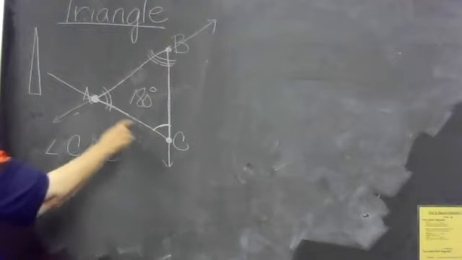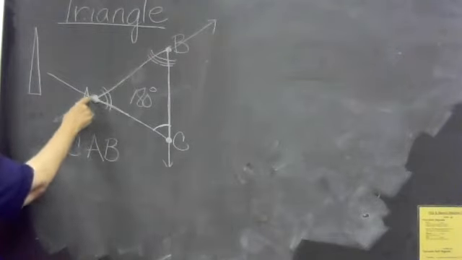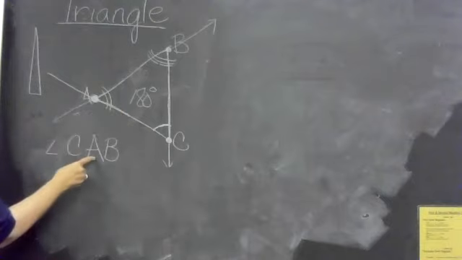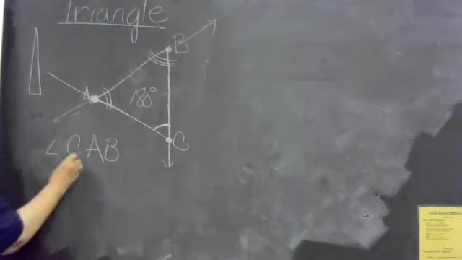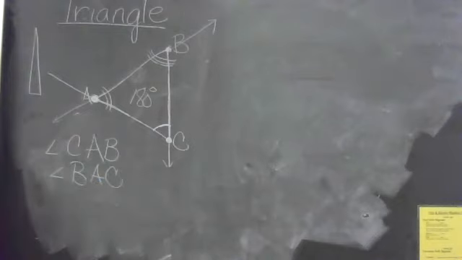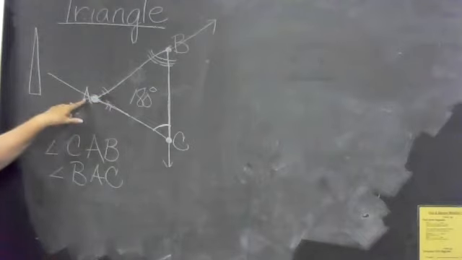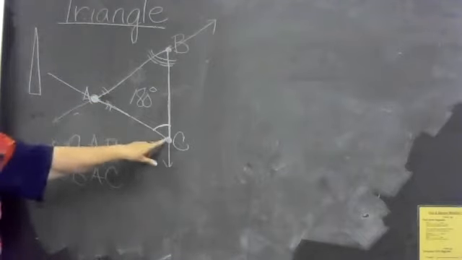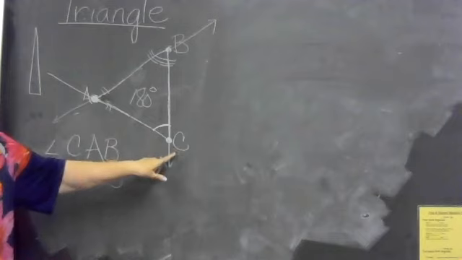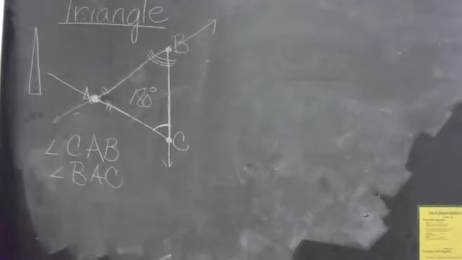The only thing you have to remember is the endpoint has to be the middle letter. So this could also be angle BAC. Now you know which one's the endpoint. If I want to name this one, then C will be the middle letter. Does that help you?